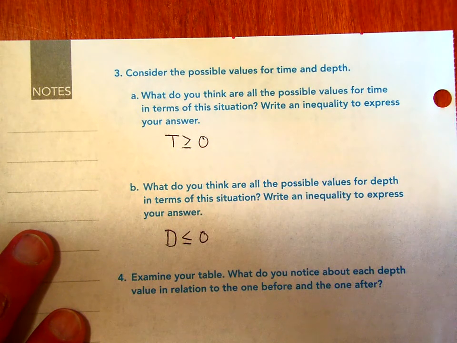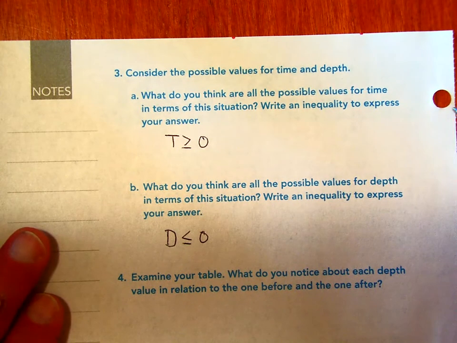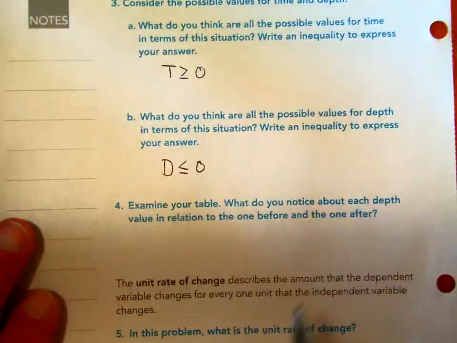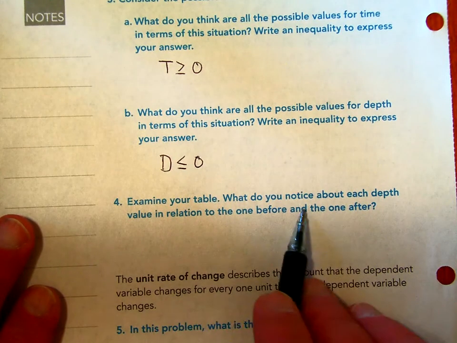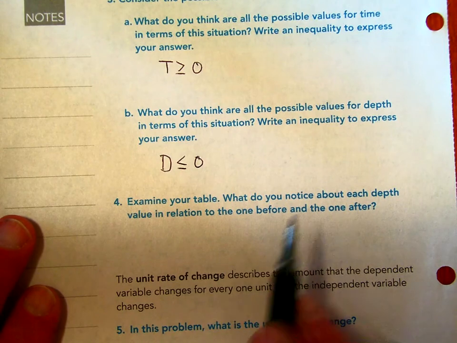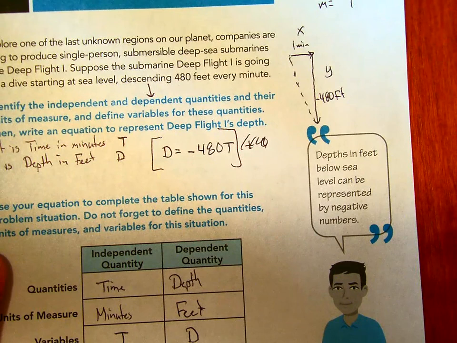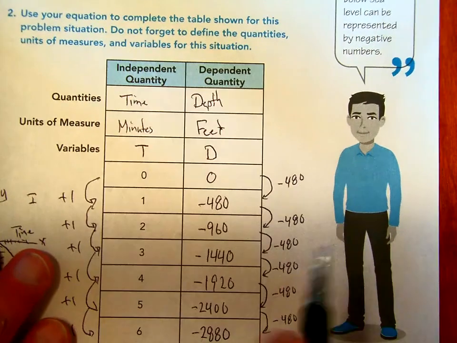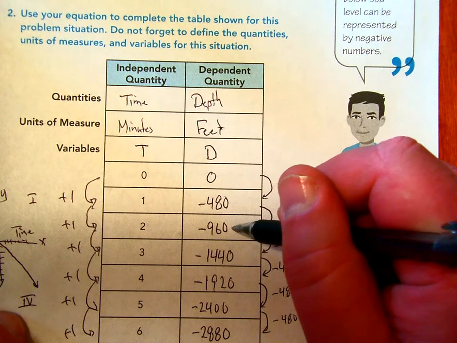Examine your table. What do you notice about each depth value in relation to the one before and the one after? Well, the one before it is 480, it's strange to say because, again, you're dealing with negatives. The one before it is 480 bigger because negative 480 is a bigger number than negative 960.